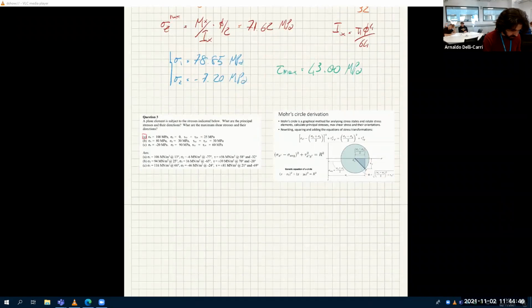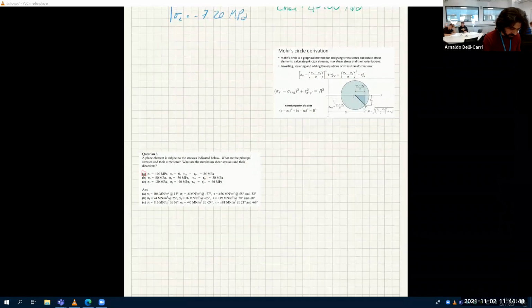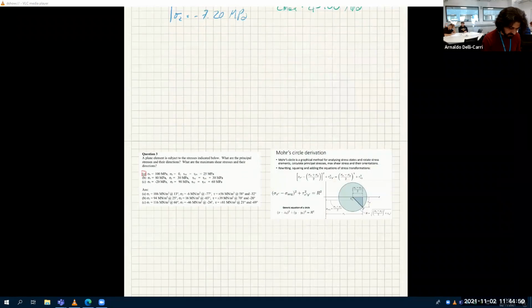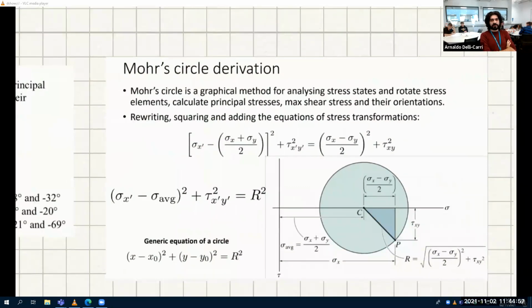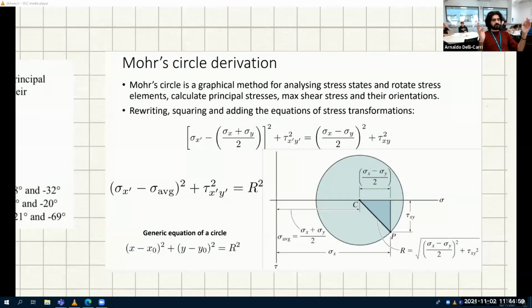I put here one of my slides for the derivation of Mohr's circle. Remember the equations we used last time for sigma x prime and sigma y prime? If you take those, square them, and sum them up, you end up with this equation, which you can rearrange as sigma x prime minus the average sigma, squared, plus tau xy squared, equals this thing, which is just a number, and that number is the radius squared.